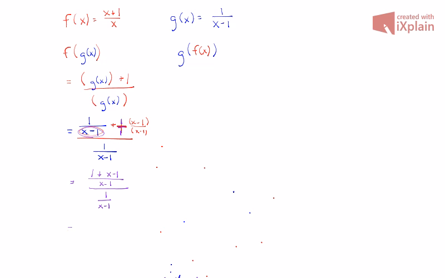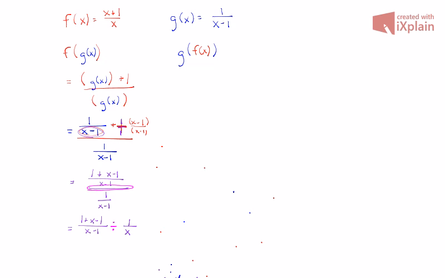At this point, since you've merged everything, I'm going to rewrite this as a division problem. So this becomes 1 plus x minus 1 all over x minus 1 divided by 1 over x minus 1. Essentially, I'm taking this division bar and rewriting it as the operation sign.